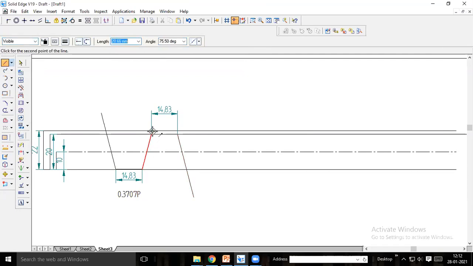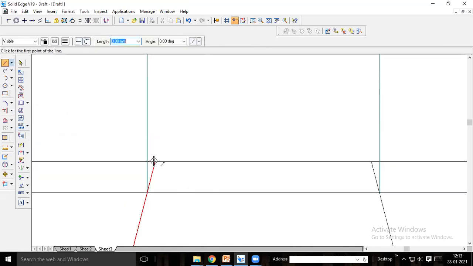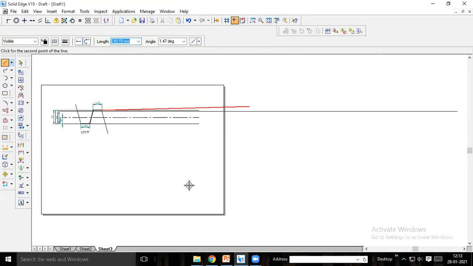You extend the visible line through here up to the red line. You have to extend this line with the extend command. Extend this line and draw the visible line up to here. Hope you understand.